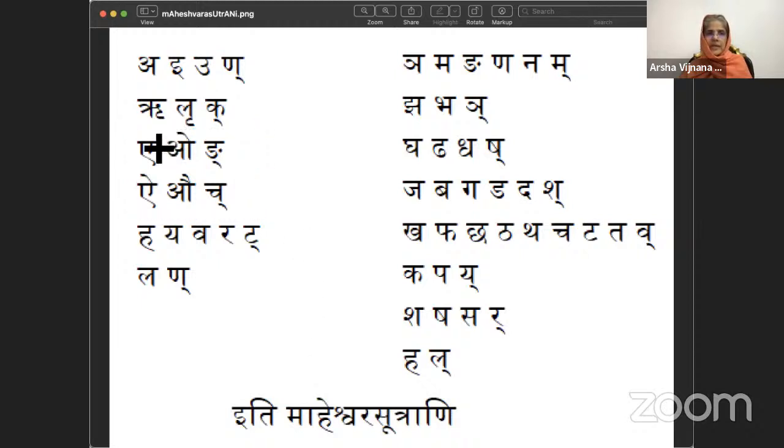So let me draw this. If you say h, you go from here all the way here. You include everything. You include all the diphthongs. Do you see that? Very ingenious, because that's how the sutras are made, based on this.